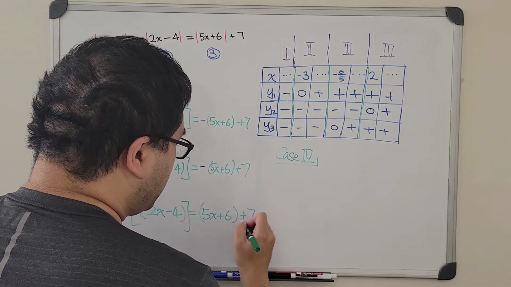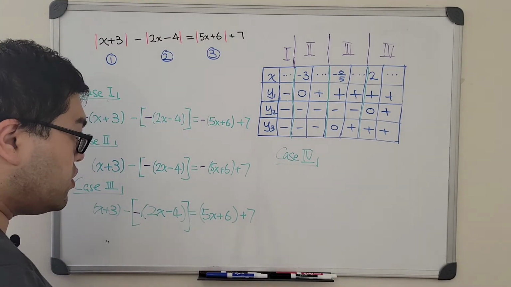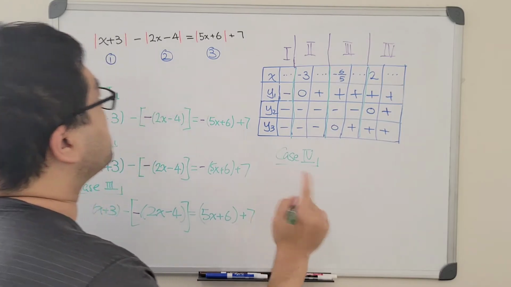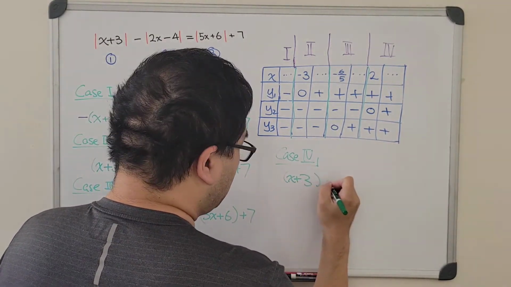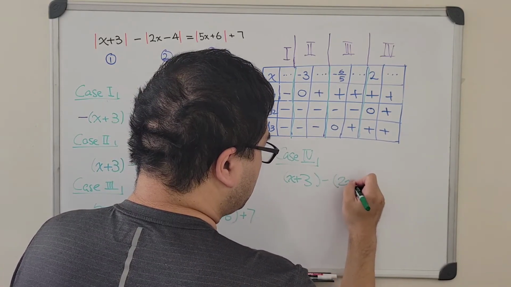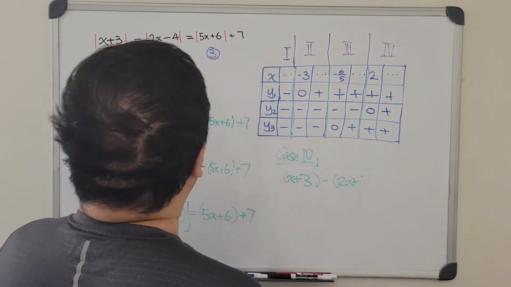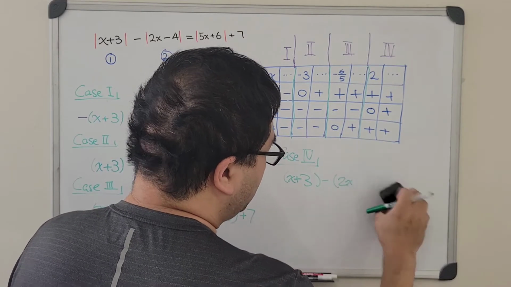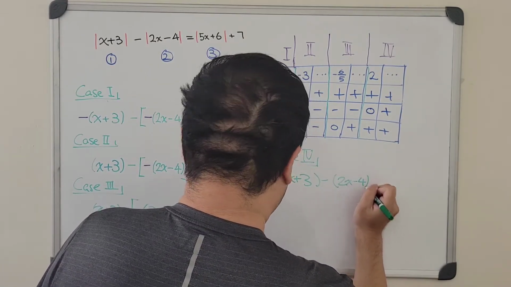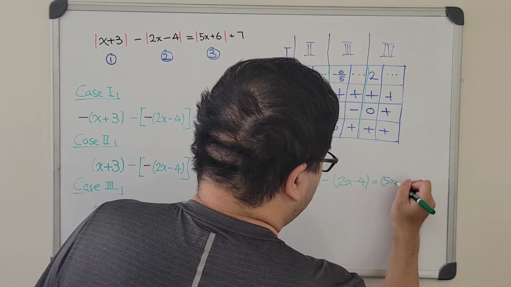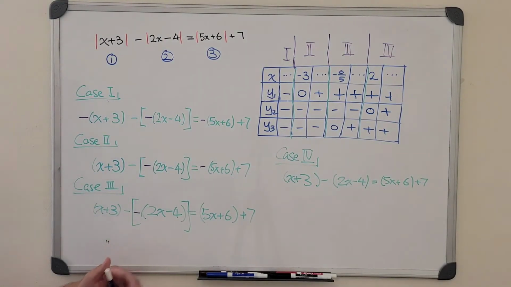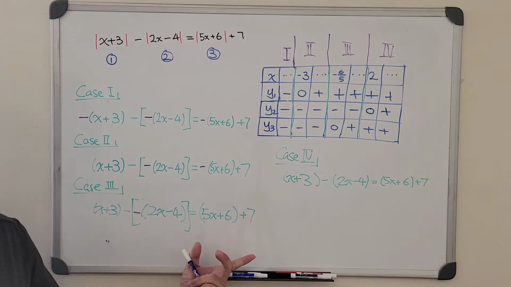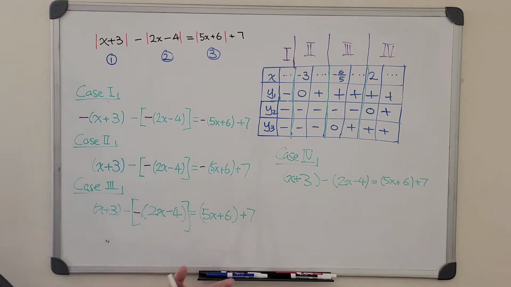Like this. And last but not least, we have the final case where all terms are positive. Plus 4, no, minus 4. Perfect. So now we actually have all the cases that we need already.